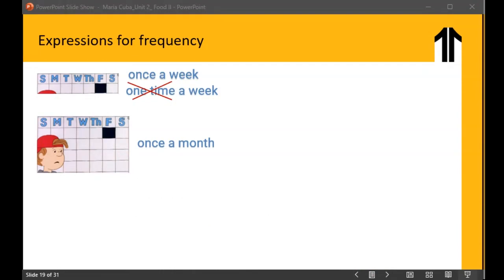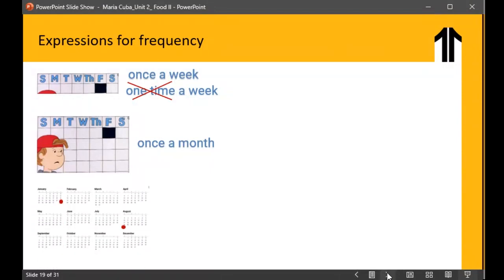Let's remember that January, February, March, April, etc. are months of the year, right? They are months of the year. Once a month. Perfect. So remember that it's not possible to say one time.